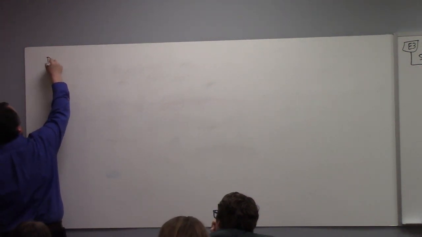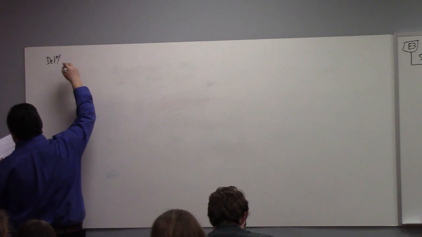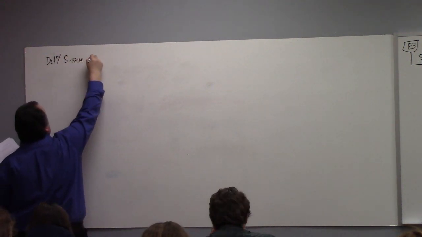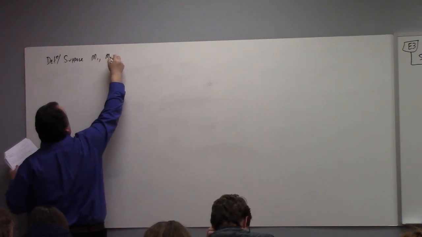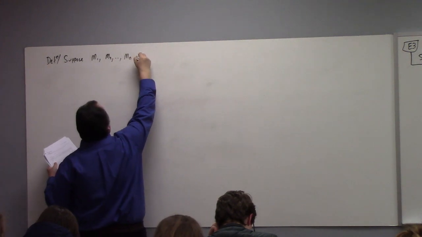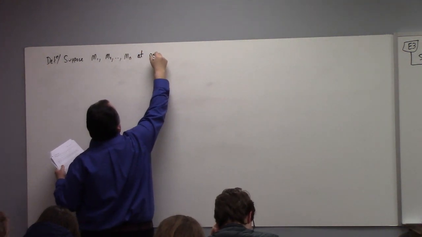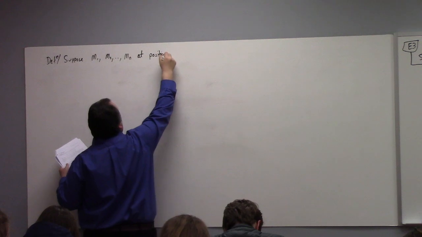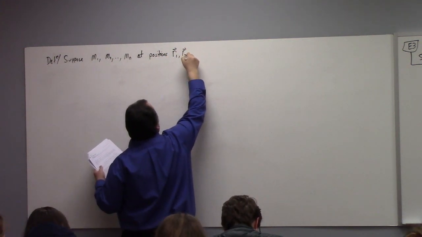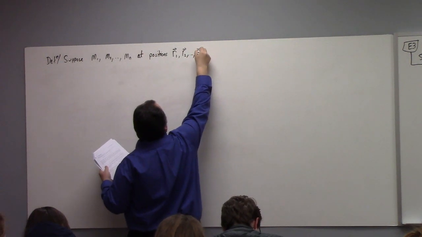I'm going to start by defining it for a finite collection of masses. Suppose we have M1, M2, all the way out through Mn at positions R1, R2, Rn.